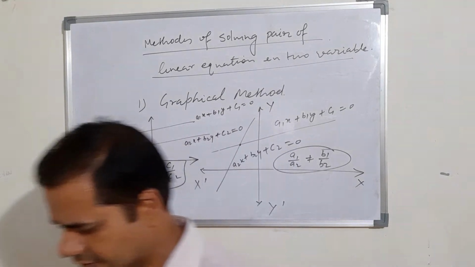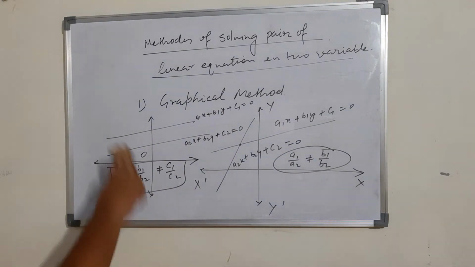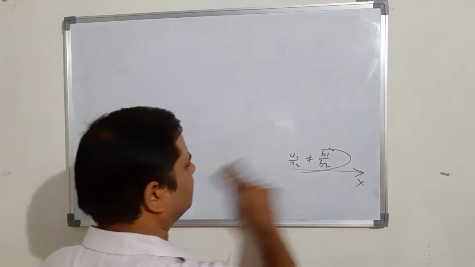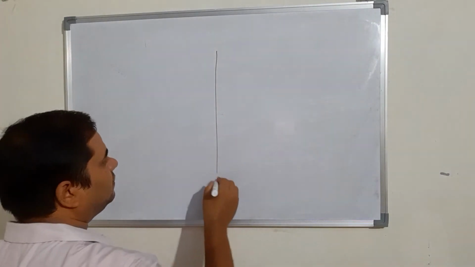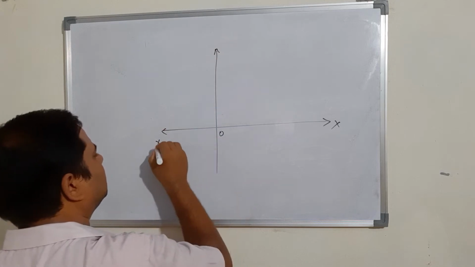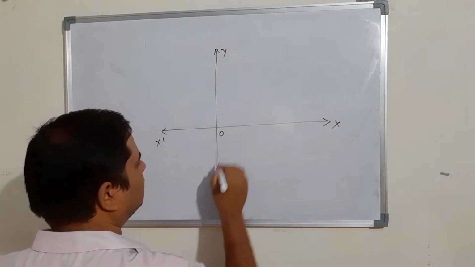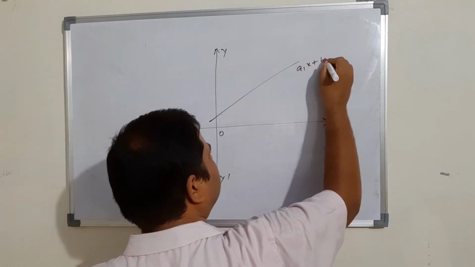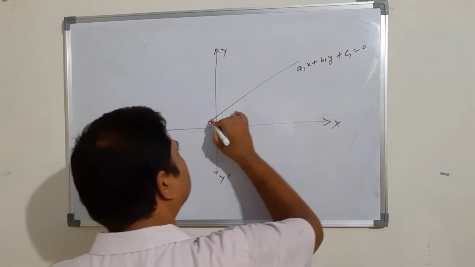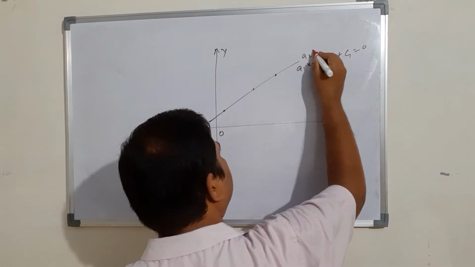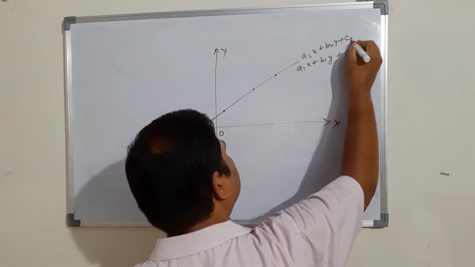But the third condition is, suppose we have given this line a1x plus b1y plus c1 is equal to 0, and another line also coincides or overlaps this line, a2x plus b2y plus c2 is equal to 0.